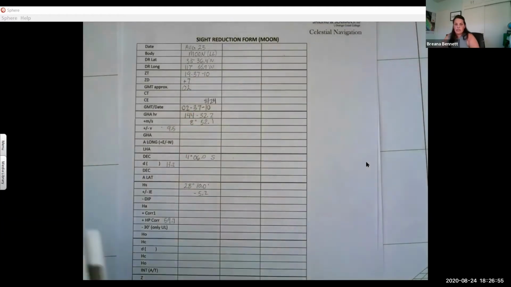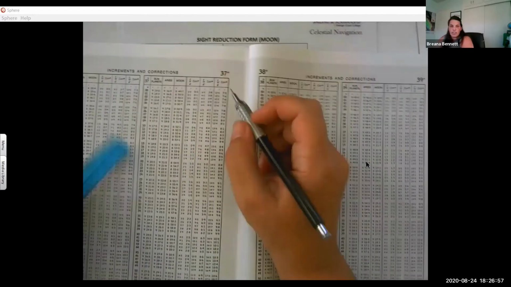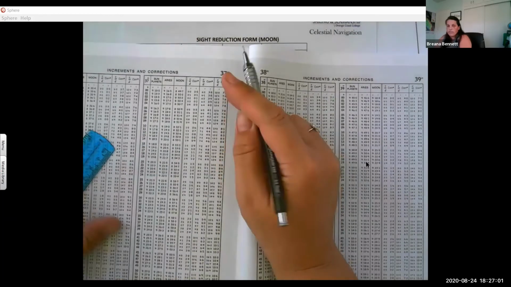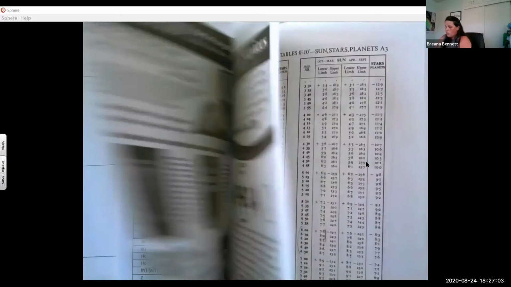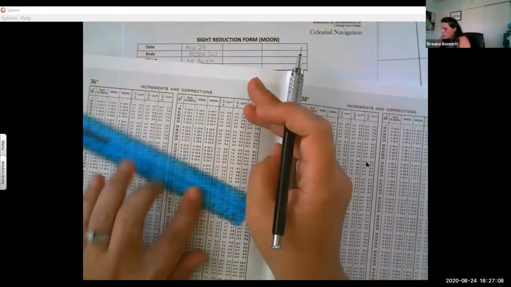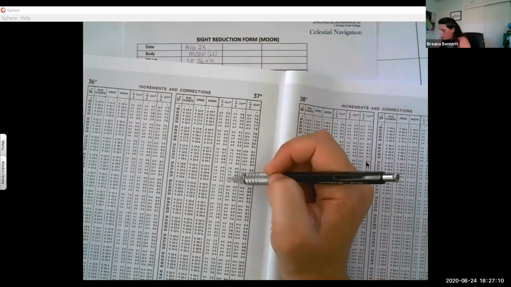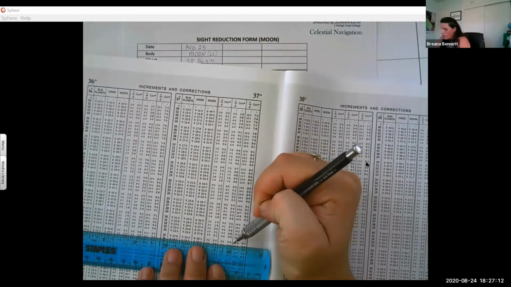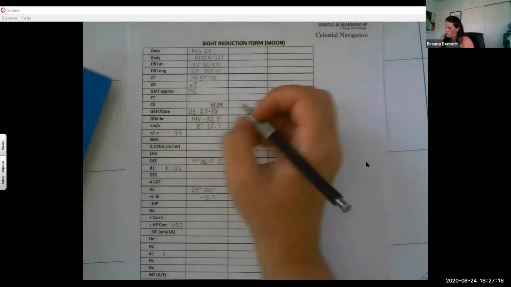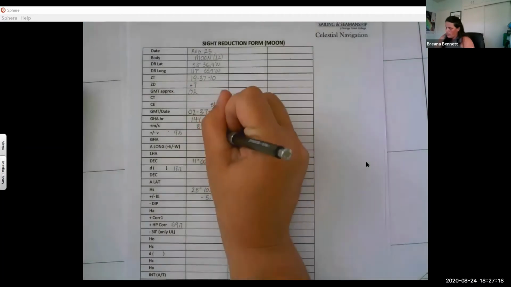And then, under my 37 minutes, I have a V and D correction. So my first V was 9.5. So 9.5 on V is going to give me 5.9. So I have 5.9.